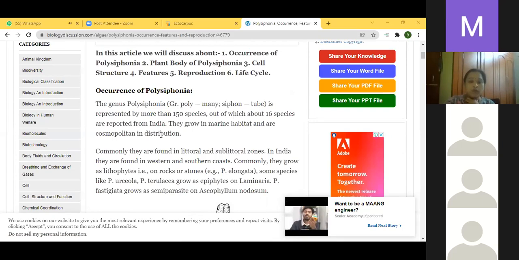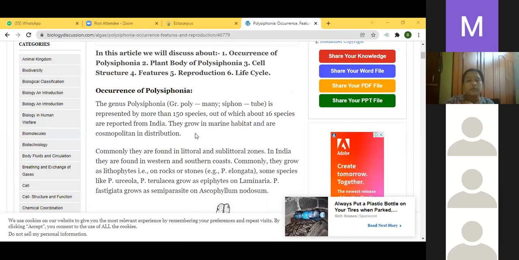How many species are there? 150 species are identified worldwide, but in India only 16 species are reported.